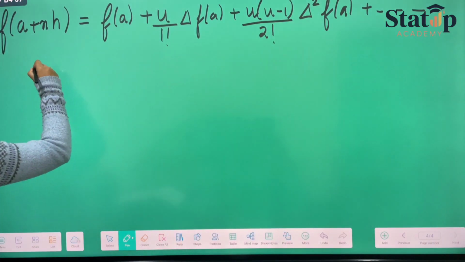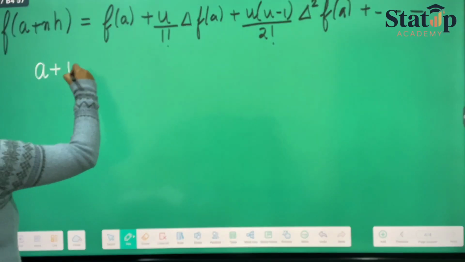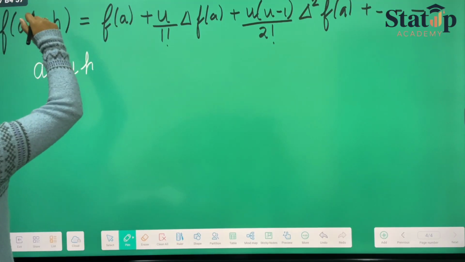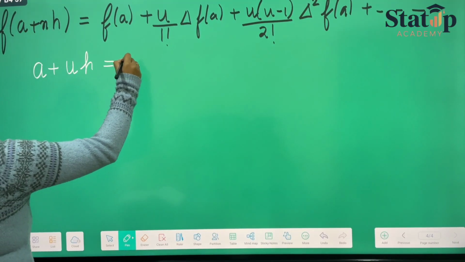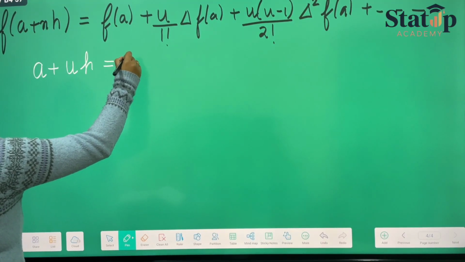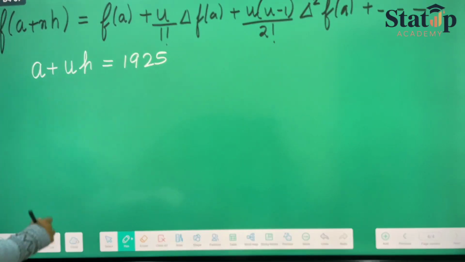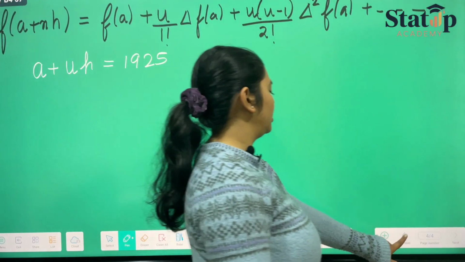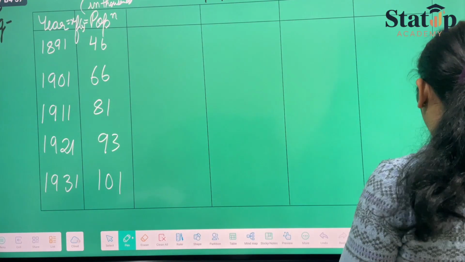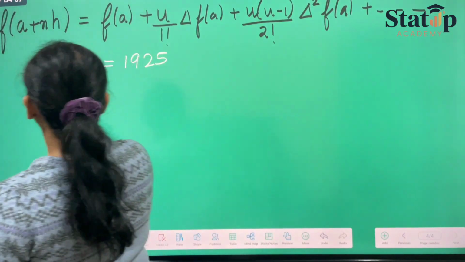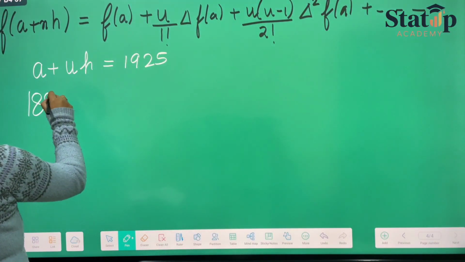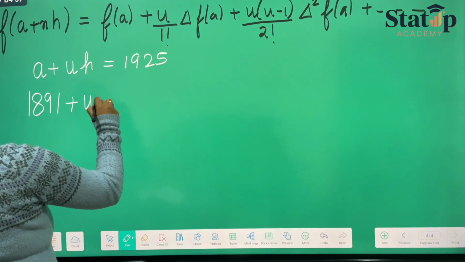Here we have been given that a plus uh should be equal to 1925. Now the first year that has been given in the question is 1891. So I am putting it here as 1891 plus u into h.